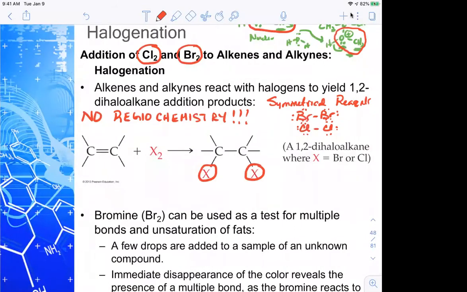I don't have to worry about Markovnikov's rule because one carbon of the carbon-carbon double bond gets an X and the second carbon gets an X. Because they're both X's, there is no regiochemistry. It does not matter what carbon I start with or end with because I just get the addition of the same atom to both of those carbons.